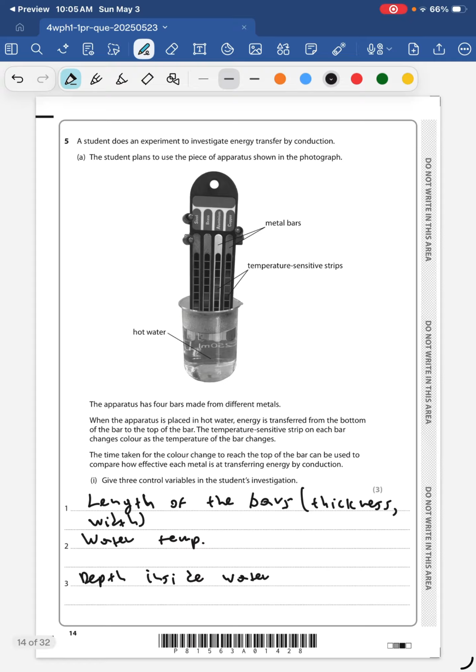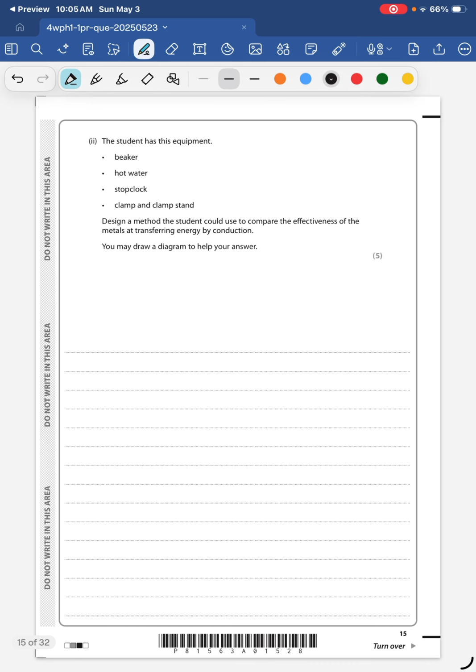So let's move on to question 2. The student had this equipment: beaker, hot water, stop clock, clamp, and clamp stand. Design a method the student could use to compare the effectiveness of the metals at transferring energy by conduction. You may draw a diagram to help your answer. Okay, so the clamp, I'm not going to draw the diagram because I'm not good at that.